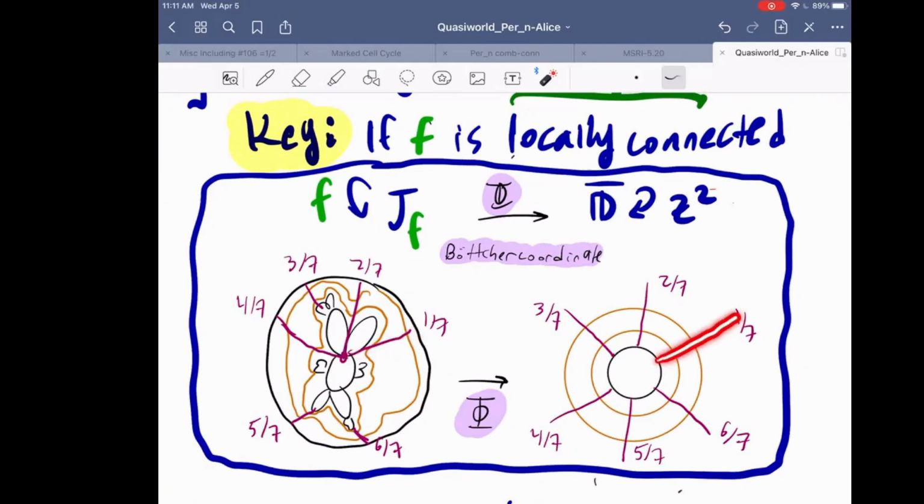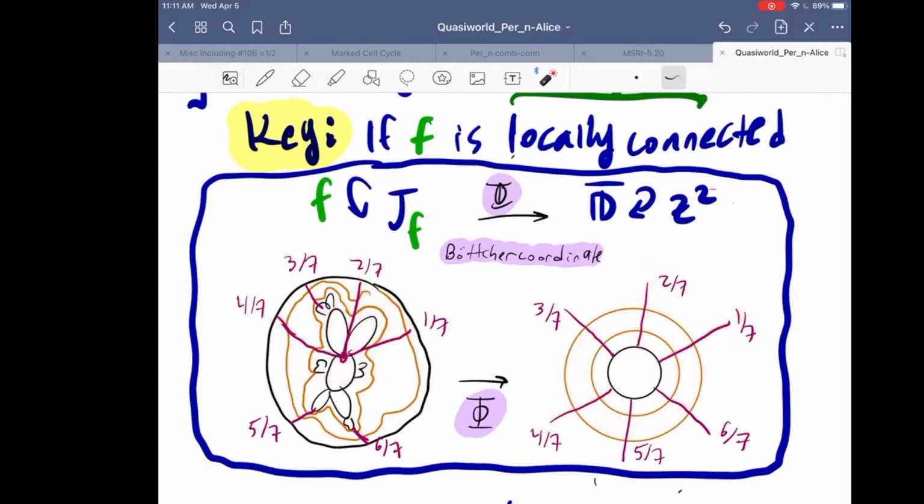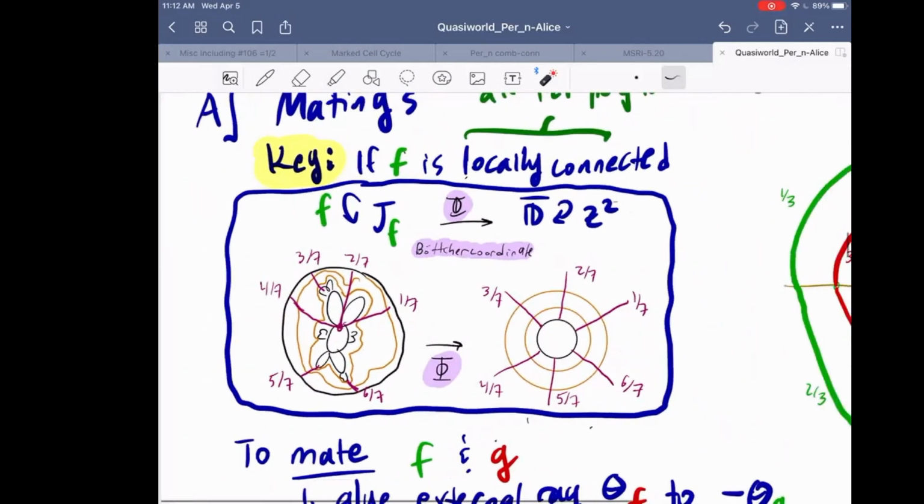And then the images of these lines under angle doubling are reflected in these external rays, as we call them, landing in the actual Julia set. So it's a way to combinatorially understand our very complicated fractal images by pulling them apart with a semi-conjugacy to a circle and then understanding circle doubling there by just angles.